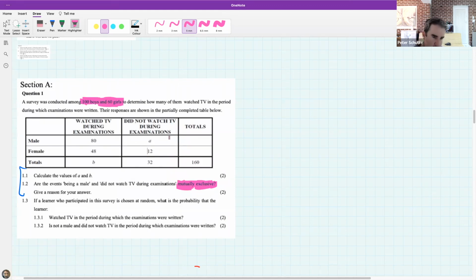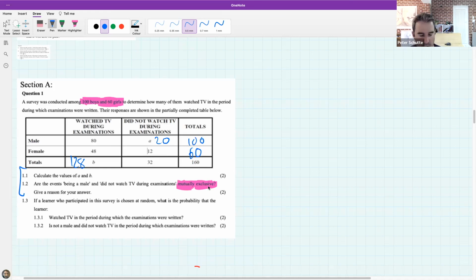For me, B is the simplest one to find because it looks like I should just go 80 plus 48, so 128. And if I know that male is 80, then this should be 20, which means that's 100, and that is 60. Awesome. Okay, so that was 2 marks in the bag.